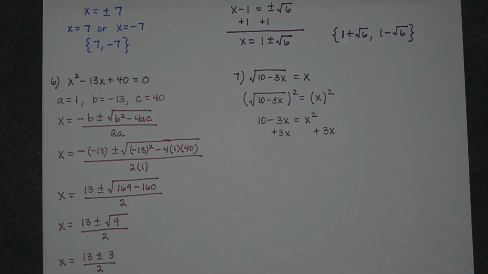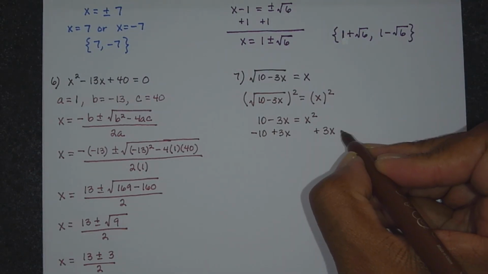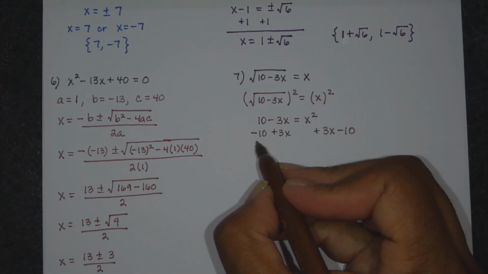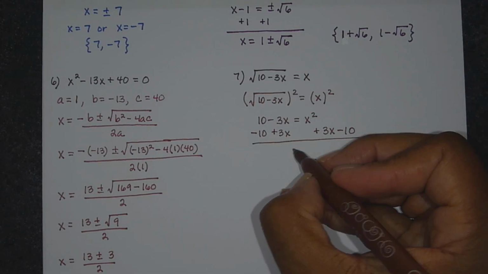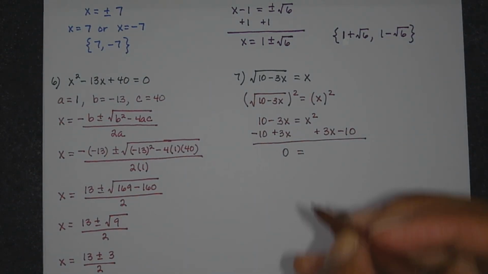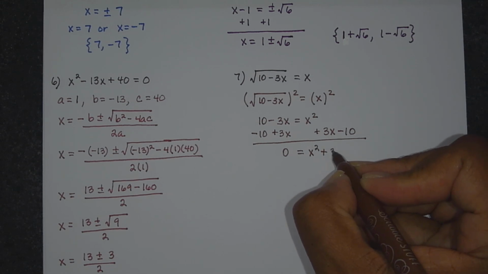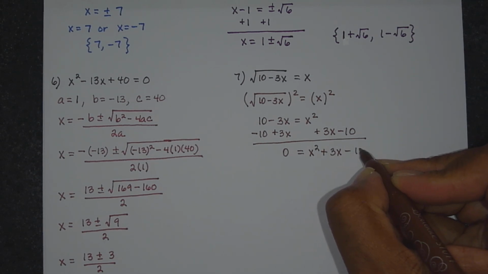And that 10 is a positive 10, so I need to subtract 10. So that means I have a 0 on the left side, but on the right side, I have x squared plus 3x minus 10.